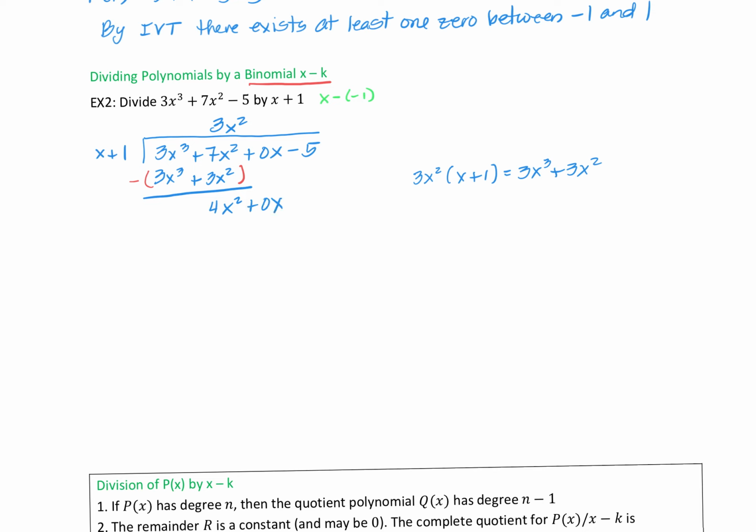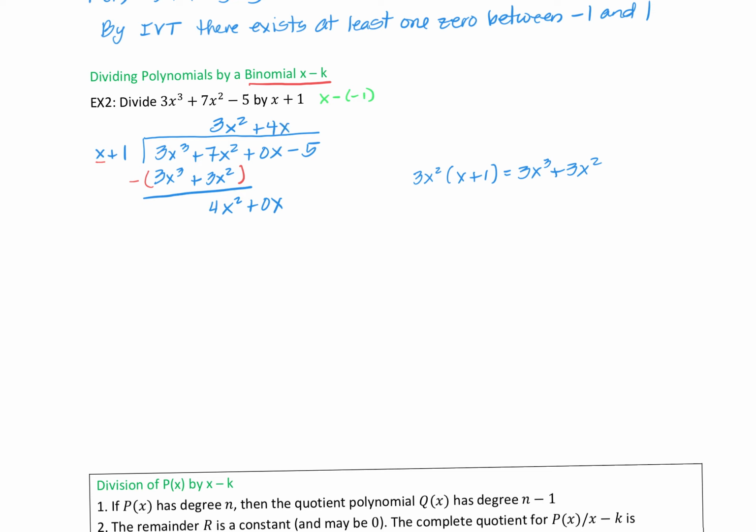And we ask ourselves again, what do I need to multiply the x plus 1 on the outside to get a 4x squared? Okay, again, just paying attention to these leading terms. What do I need to multiply x by to get 4x squared? Well, that would be a positive 4x, so we put a plus 4x.